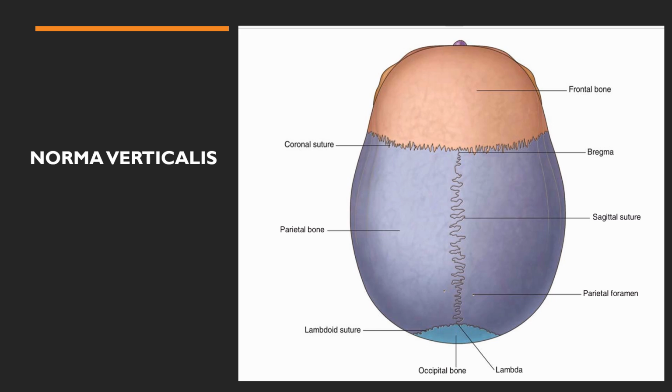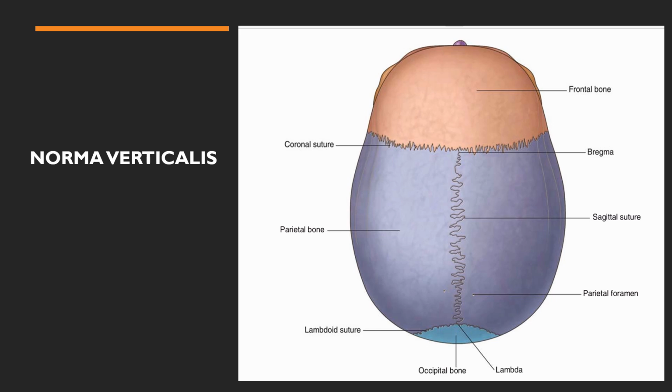The main features include the sutures. So we have the coronal suture. This is the coronal suture. It runs across the skull, separating the frontal bone from the two parietal bones, and this suture plays a significant role in the growth and development of the skull.